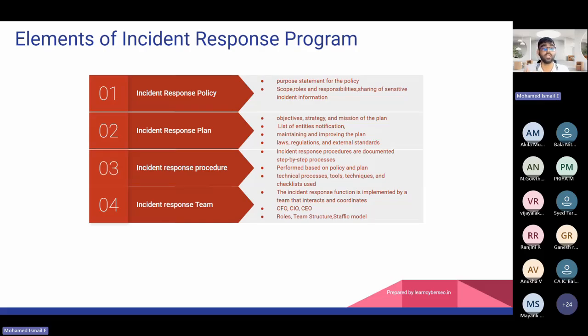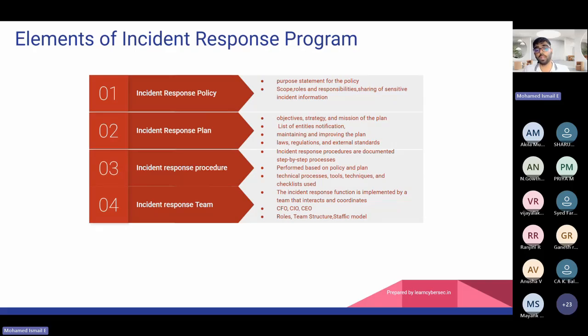There is a SQL team, maybe networking engineers, a front-end developer, a management team, multiple departments available in Mango Private Limited. That's how companies are formed. Now, in the incident response policy, the scope, roles and responsibilities, and who all the participants are that we can share with must be documented in this policy.